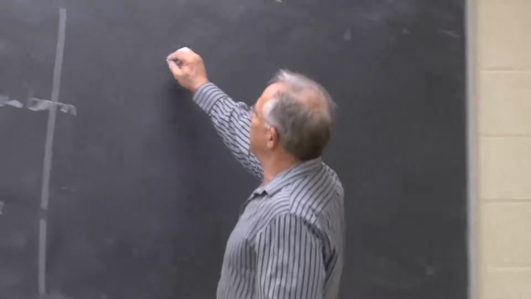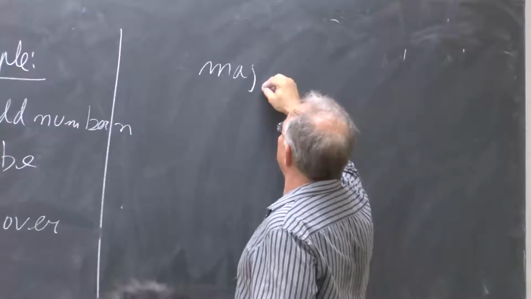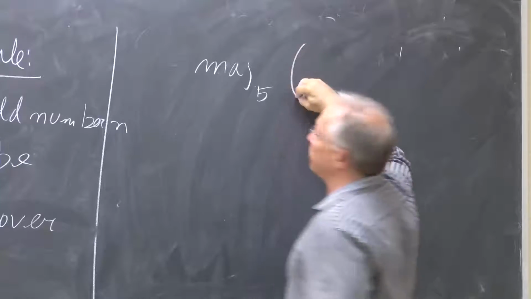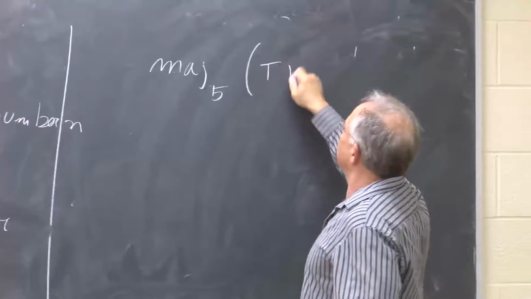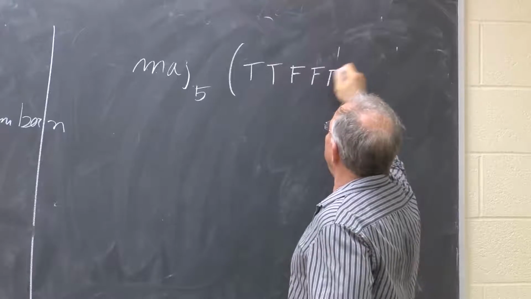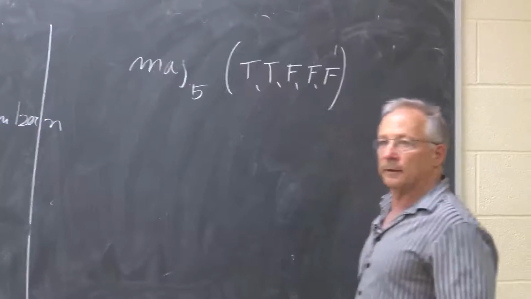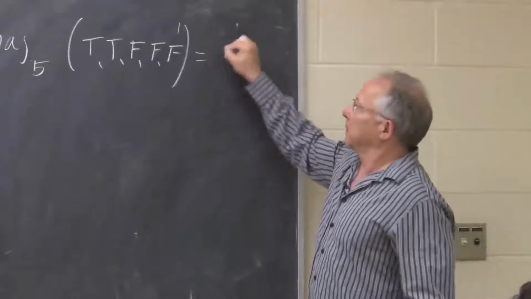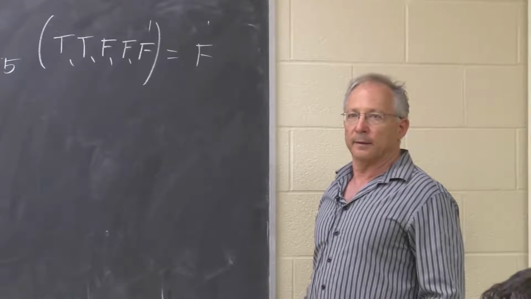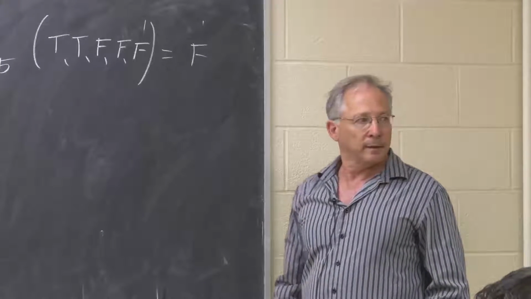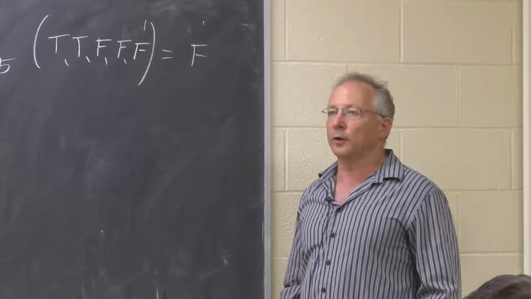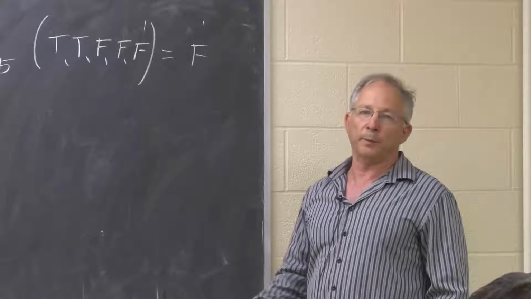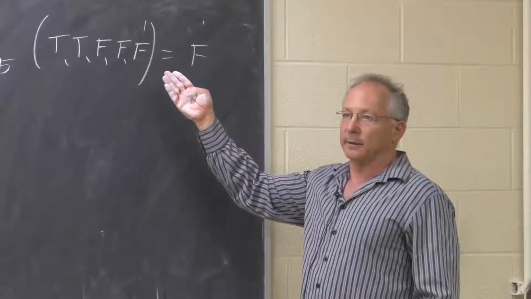So what will be, for example, Maj 5 of the assignment T, T, F, F, F? It's a functional that takes a vector of 5 truth values and gives me 1 truth value, which is the majority. So truth functionals do not necessarily have to be 2 places or 1 place. They could be many places.